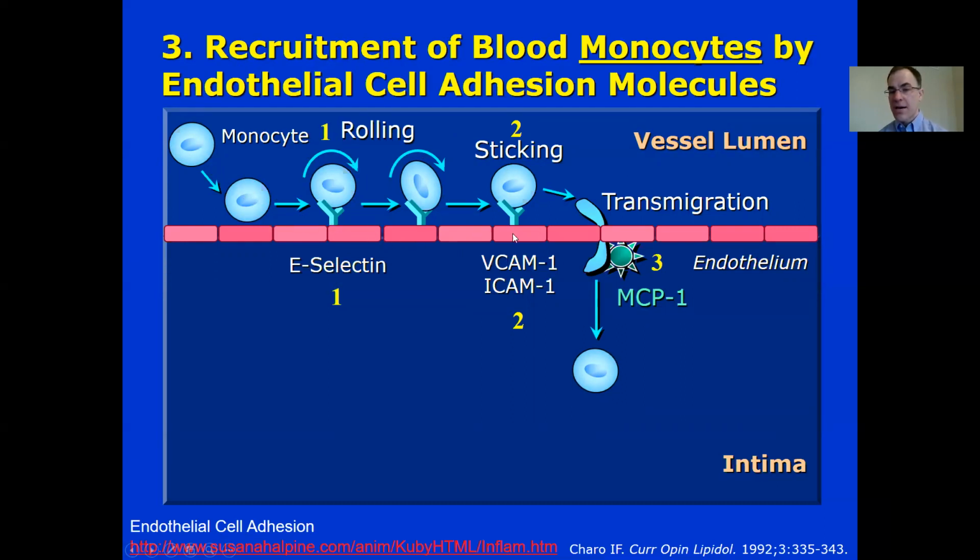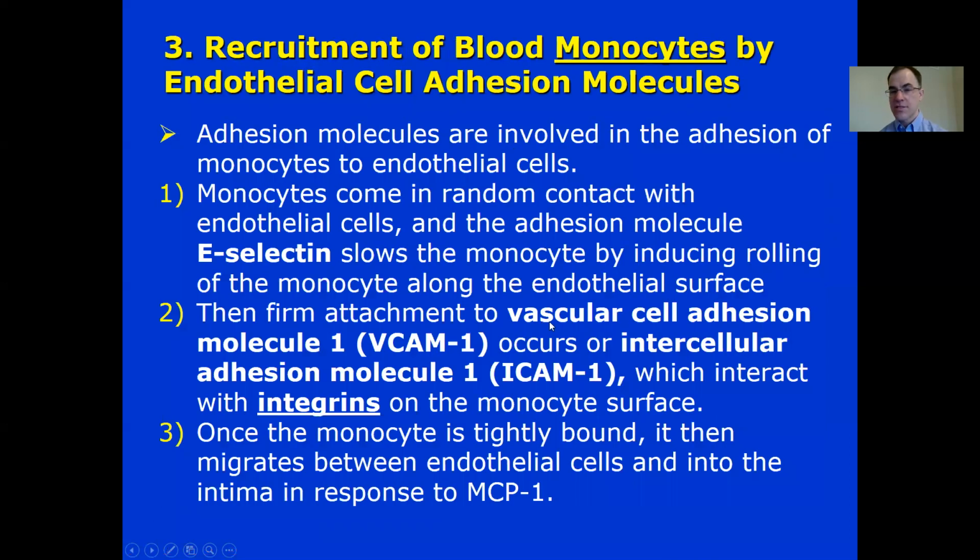And then you have two other proteins produced by the endothelial layer called VCAM1 and ICAM1. VCAM1 stands for vascular cell adhesion molecule 1, and ICAM1 stands for intercellular adhesion molecule 1. These two actually interact with what are called integrins on the monocyte surface.